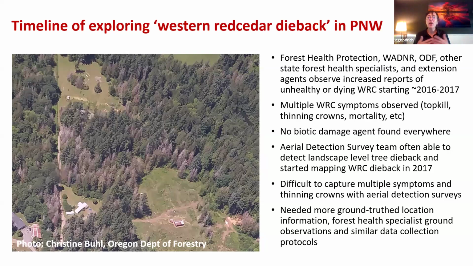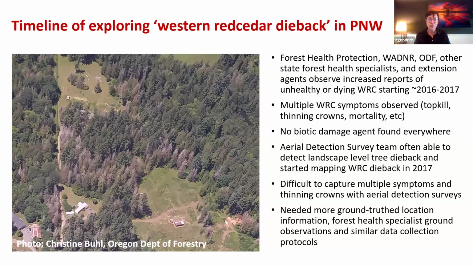And so our aerial detection survey team, which is a collaborative group between the Forest Service and our state counterparts, do a wonderful job of flying wall to wall across forested areas of Washington and Oregon every year. Usually they're able to detect these landscape-level tree dieback and mortality. They started mapping Western red cedar dieback in 2017 when it started to be reported.